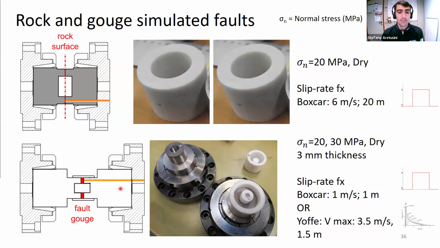At the same time, on the stationary side, at the hole, the optical fiber ends just at the surface and is glued to this sample holder, represented by these two lines. We ran several experiments at 20 and 30 MPa on this 3 millimeter thick gouge with both boxcar and the Yoffe slip rate function. The Yoffe function, as proposed in Tinti, is one of the best ways to represent seismic slip during earthquake rupture propagation.